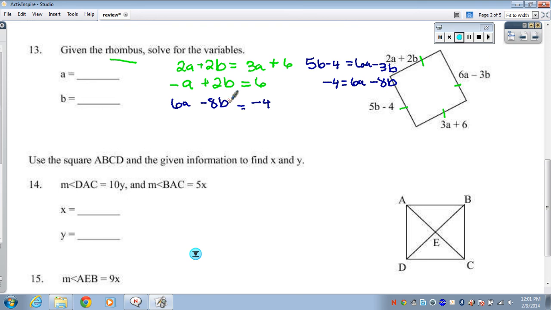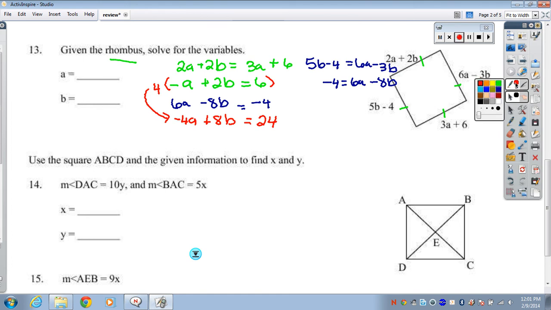Notice that this is a negative 8 and this is a positive 2. I'm going to eliminate b's, so I'm going to multiply this by 4. That's going to give me negative 4a plus 8b equals 24.